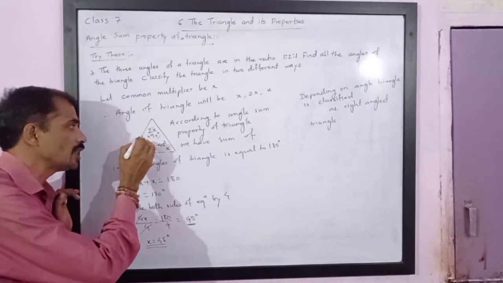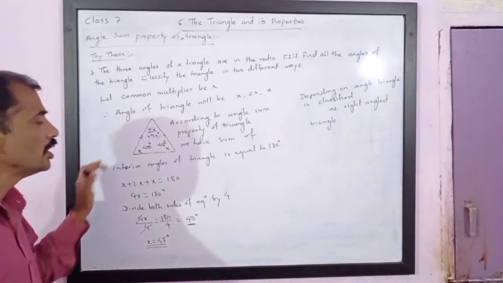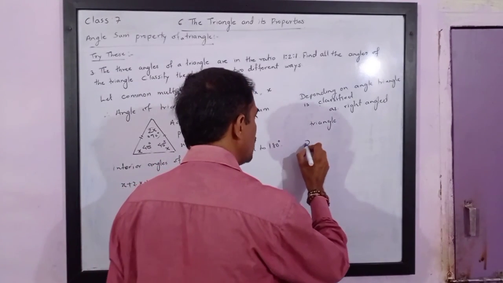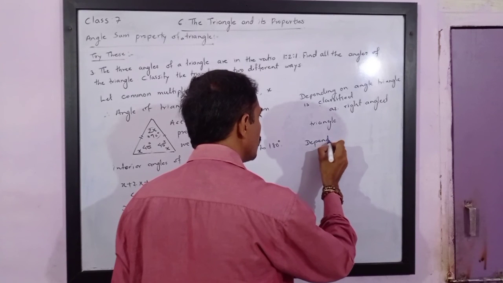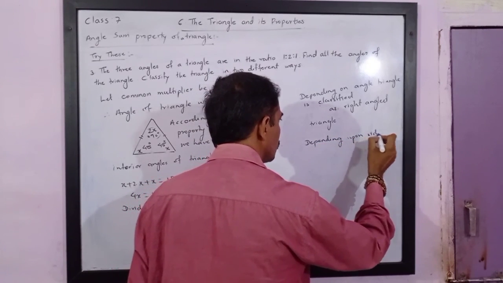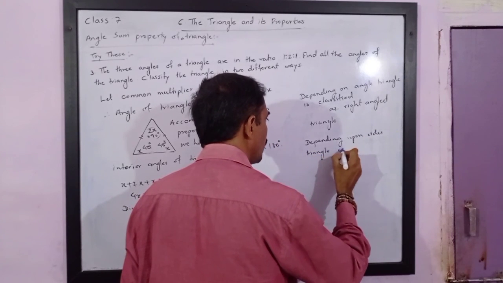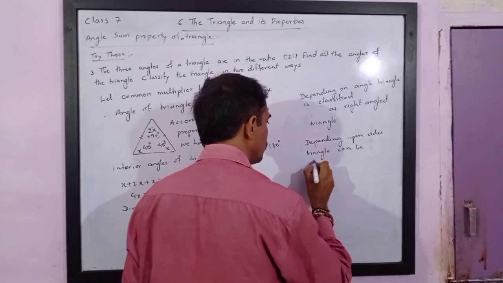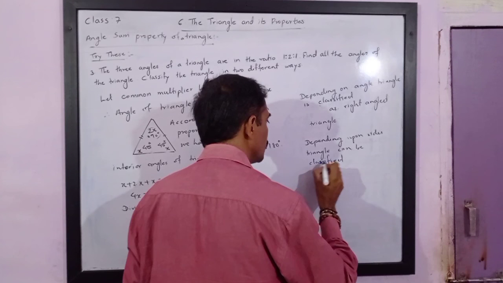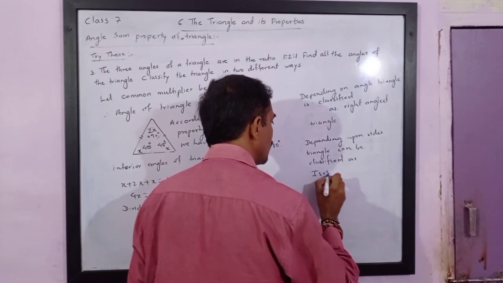And now two angles are congruent. It means their opposite sides are also equal. So if you try to draw such a triangle, you will get an isosceles triangle. So depending upon sides, the triangle can be classified as an isosceles triangle.